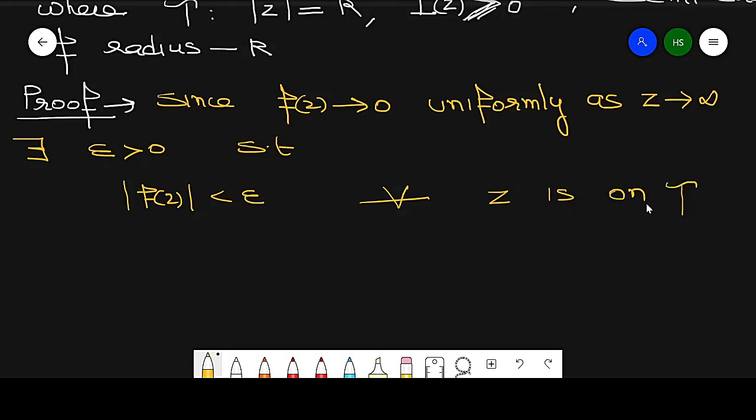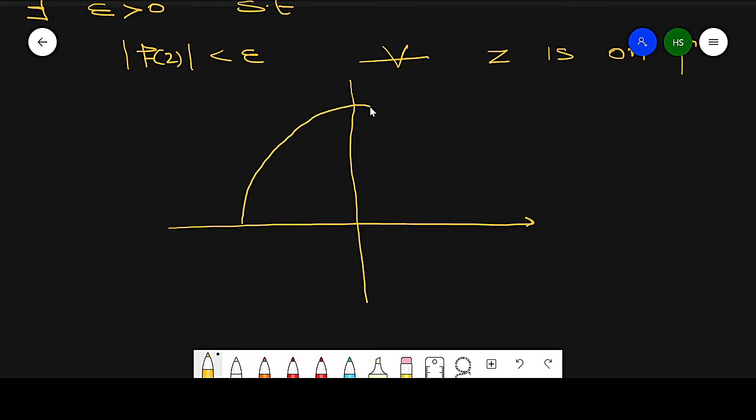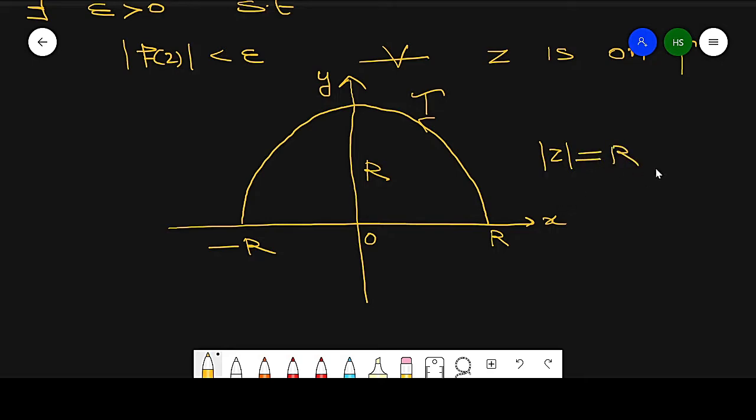So what is gamma? Gamma is a semicircle of radius R in the two-dimensional plane, with the origin at the center, R and minus R on the x-axis, and the y-axis vertical. Gamma is the semicircle where imaginary part of z is greater than 0.